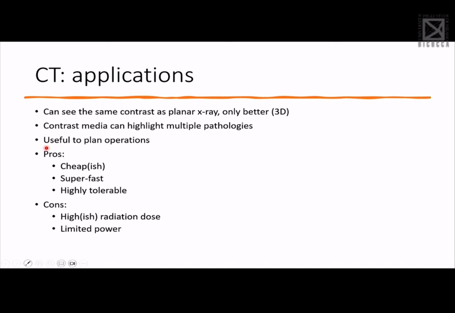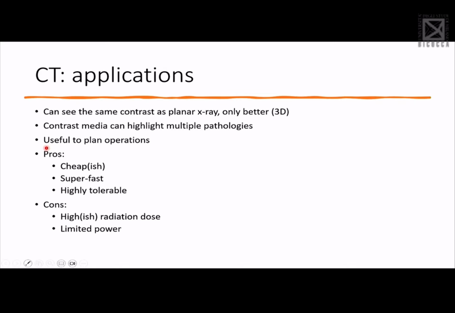A CT scanner can cost, for the most advanced one, maybe 2 million euros, or 1 million euros for a routine one, and it lasts many years, more than a decade.